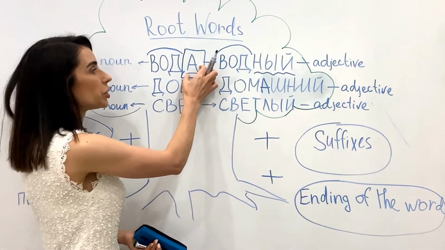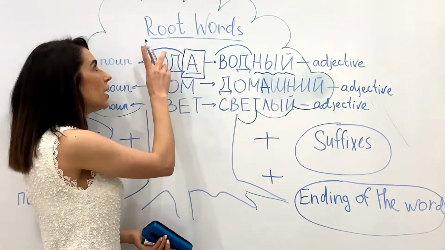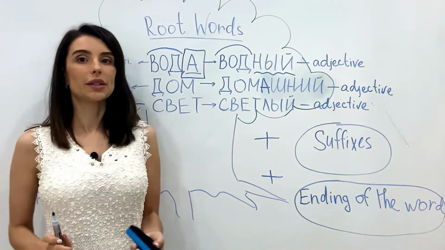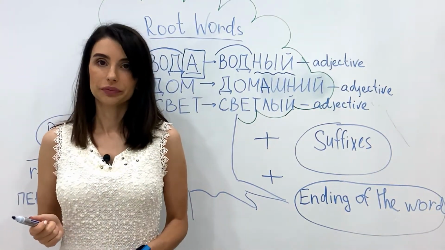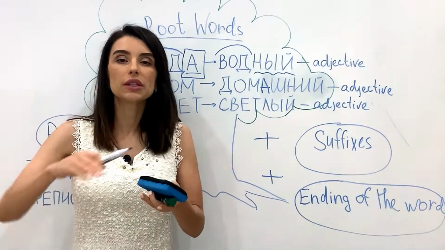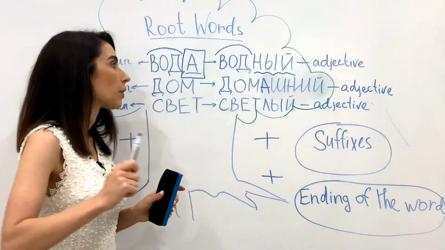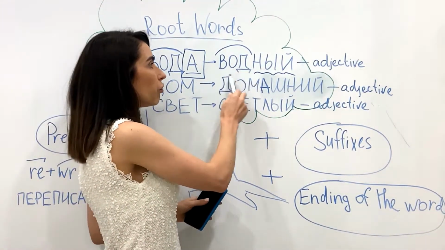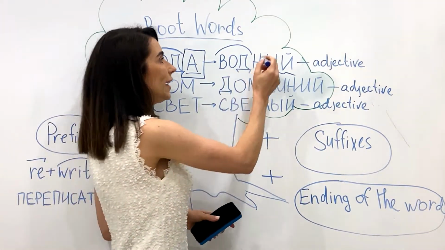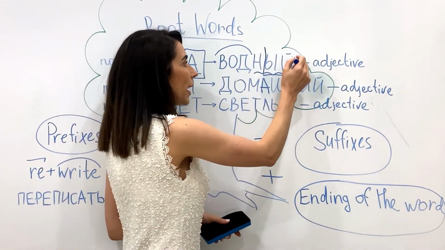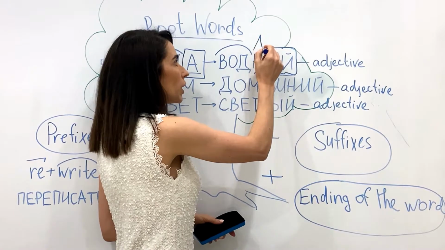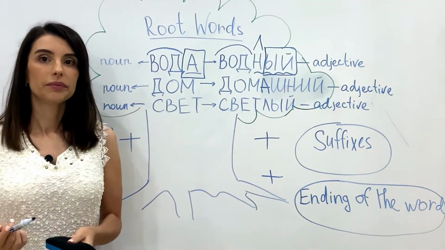This part will change all the time, but the root of the word never changes. I want you to understand what a root word is. Водный, вод. И, this is the end of the word, but this one, suffix.